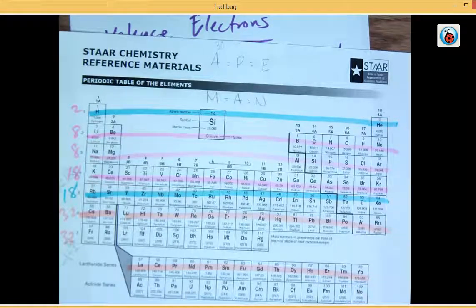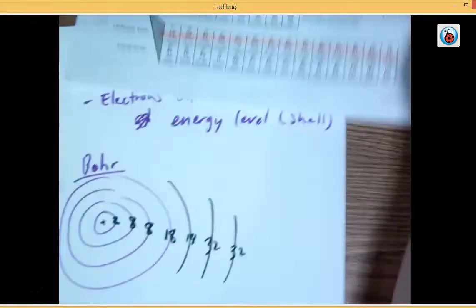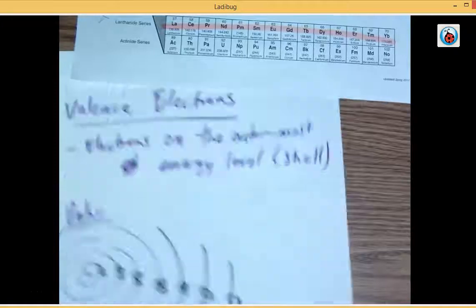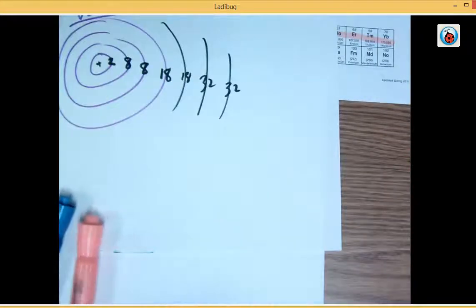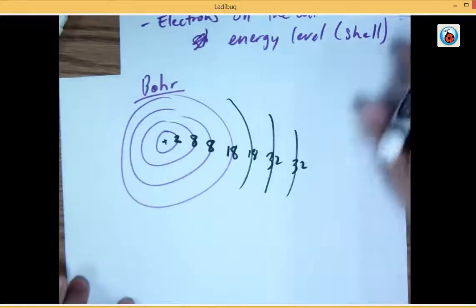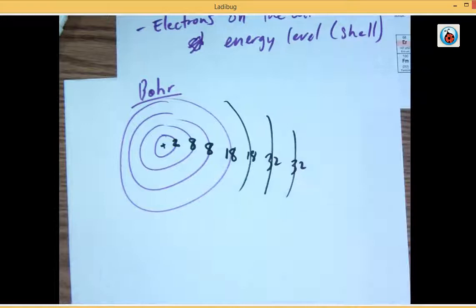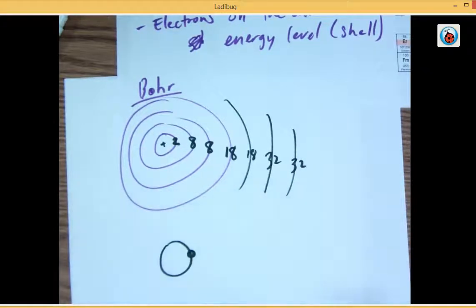And so when we fill in the electrons on the Bohr model to help us with the valence electrons, keeping that in mind, let's look at a couple elements. Let's say hydrogen. Hydrogen only has 1 electron, with the proton in the middle.